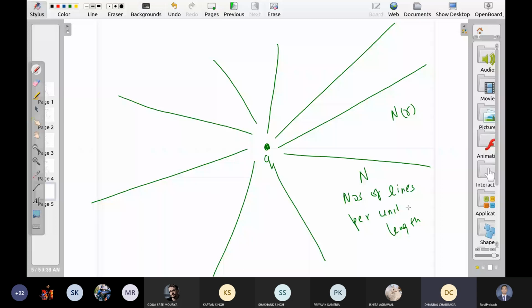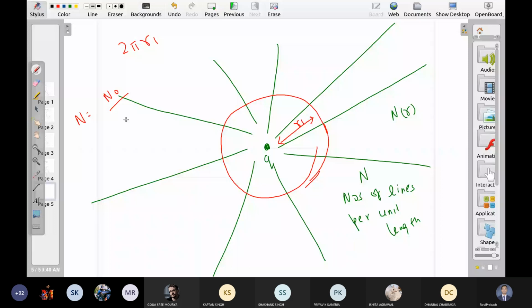Let me make a circle here. What is the perimeter of the circle? If this radius is r1, 2 pi r. How many lines is it catching? Total numbers of lines, let us say n naught. So what is the numbers of lines per unit length here? Okay, this is n at a distance r1. Let me make another circle. The radius is now r2.